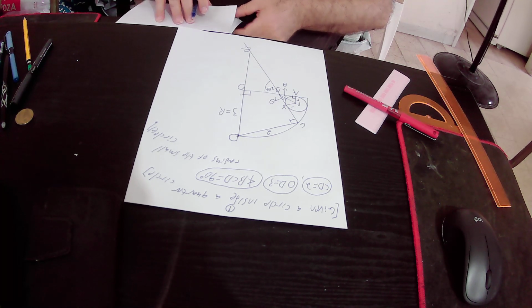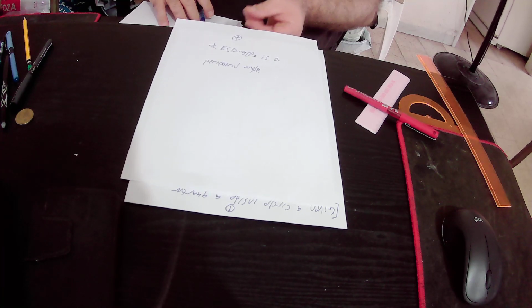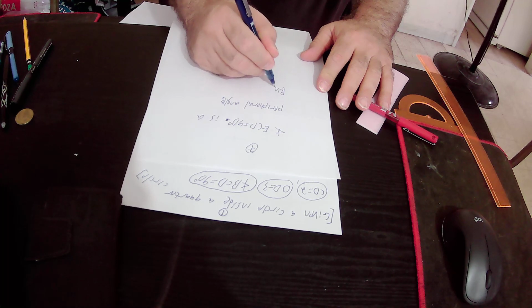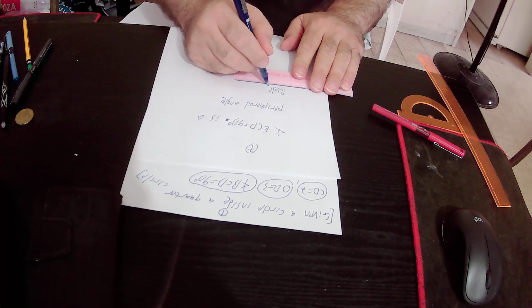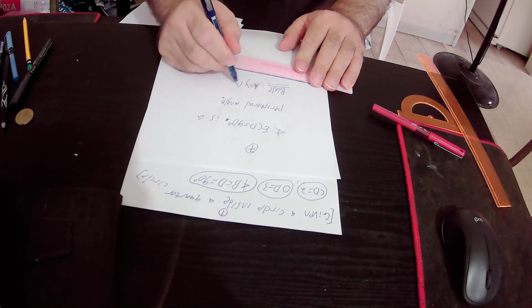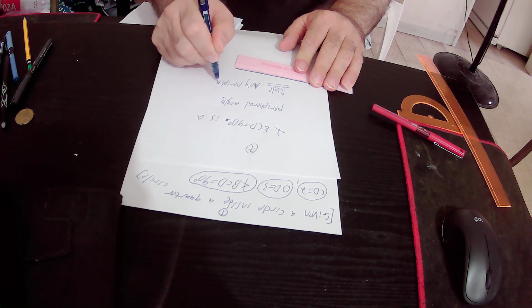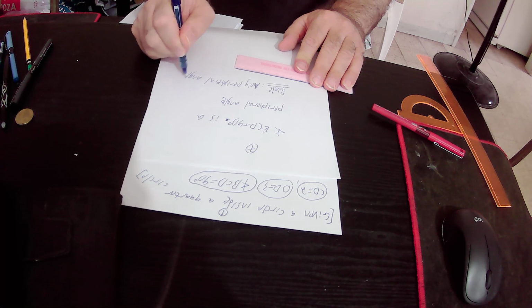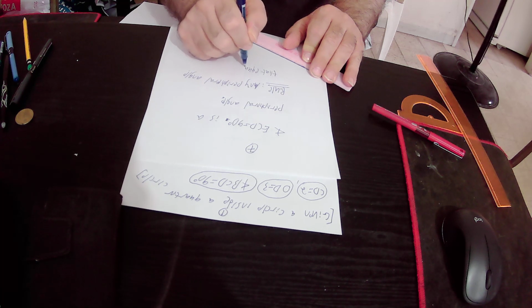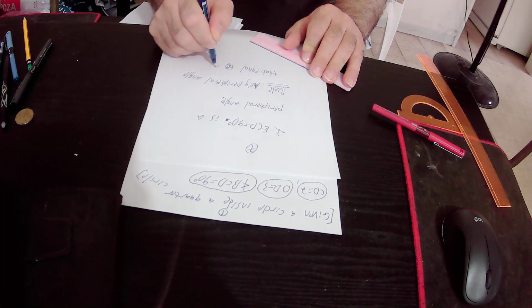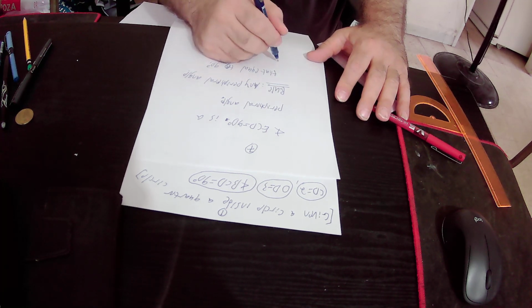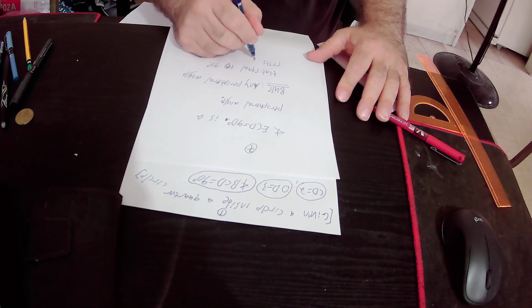And we have a rule that states that any peripheral angle that equals 90 degrees rests on the diameter of the circle.